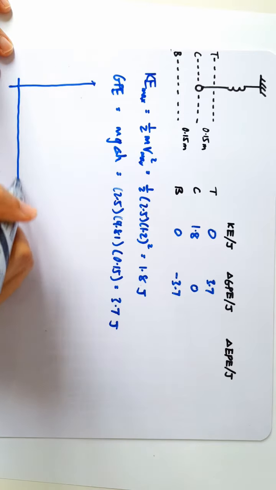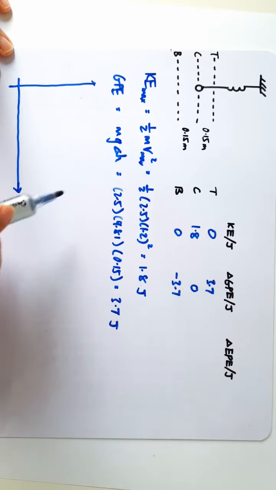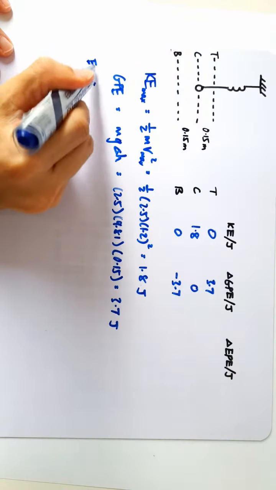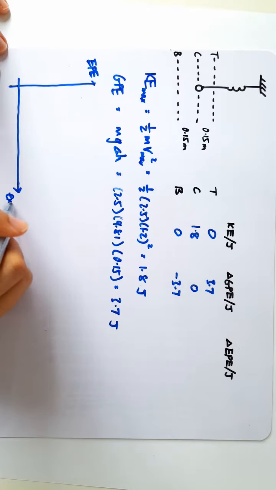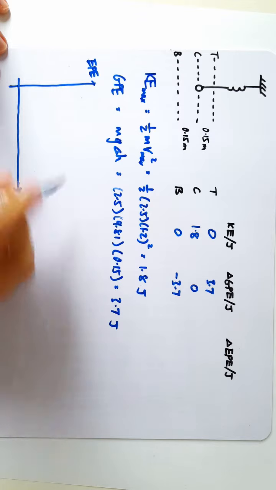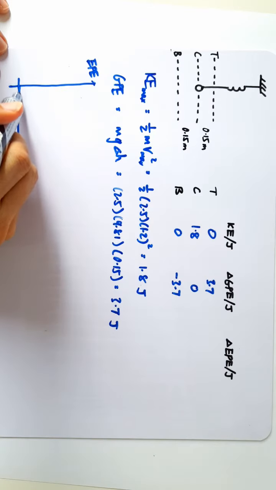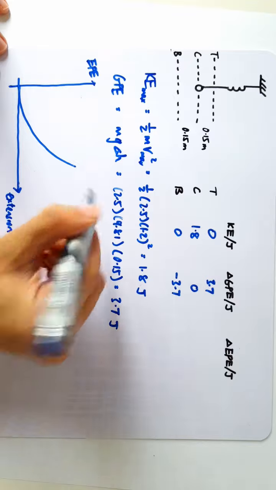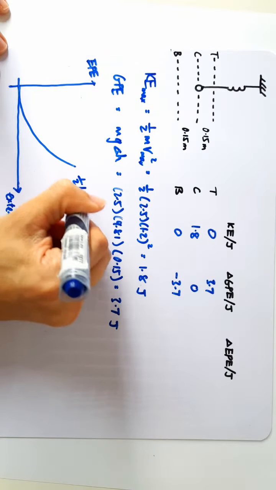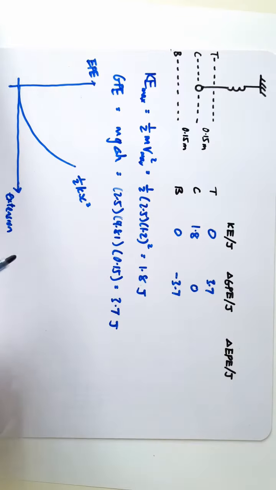What the setter had in mind is something much simpler. You just have to be alert to the fact that the elastic potential energy does not increase linearly. Instead, it increases quadratically. In fact, the formula is of course half kx squared.